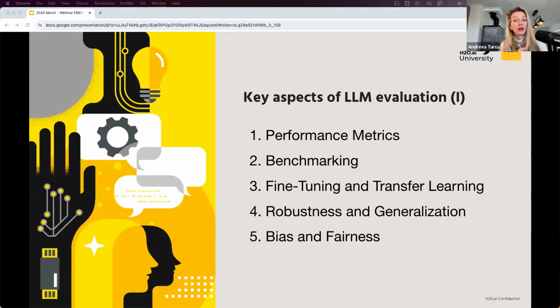Fine-tuning and transfer learning is also an important key aspect, because you want to evaluate well an LLM, which can be fine-tuned for a specific data set or task. So fine-tuning here is very important, because even though different scores might result from different models that you are using on the data set, these models might already be fine-tuned differently.